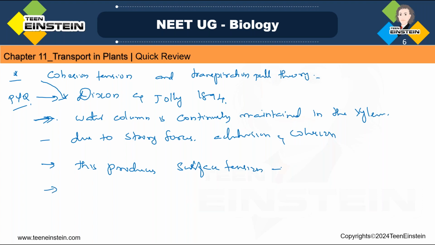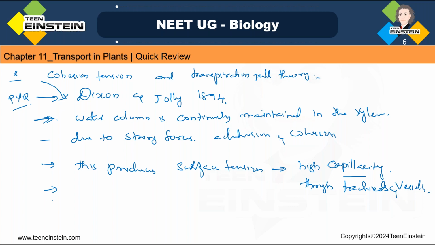Due to this surface tension, high capillarity is getting formed. That means water movement, there is a capillary movement. So high capillarity through tracheids and vessels. Okay, this is what you need to learn in cohesion tension and transpiration pull theory.